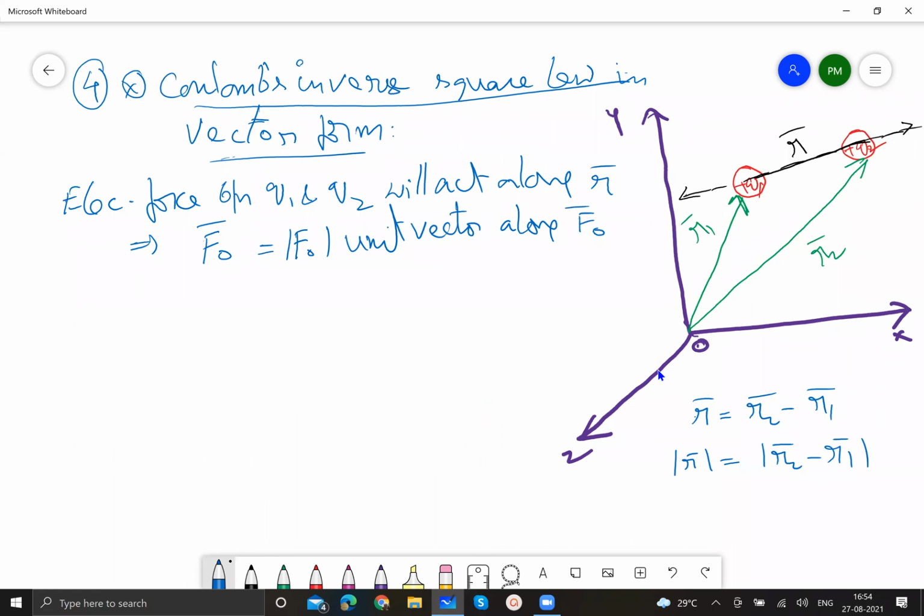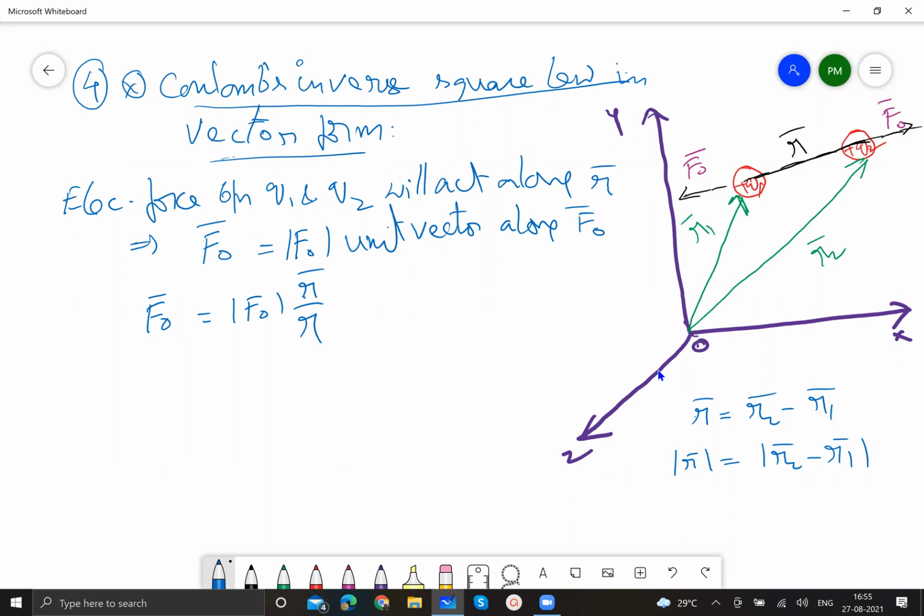The vector along the direction of force is r bar. So I can write F naught bar is equal to modulus F naught into the unit vector, that is r bar by r.